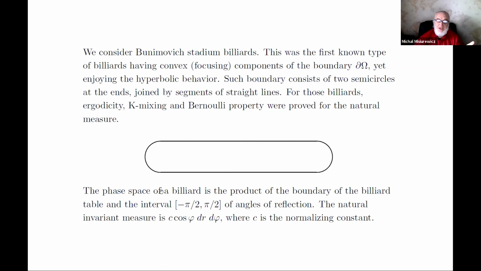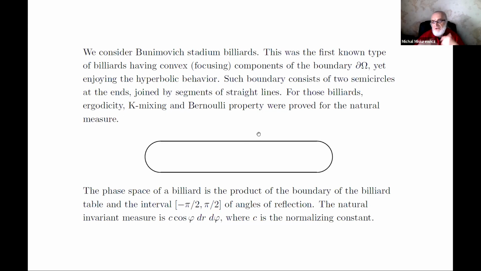So the phase space of a billiard is the product of the boundary and the interval between minus pi half and pi half of angles of reflection. So minus 90 degrees to 90 degrees. Of course, the angle is measured from the normal. So that's why it's not 0 to pi, but minus pi half to pi half.